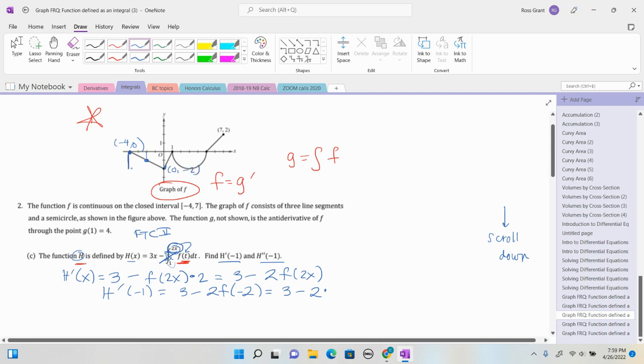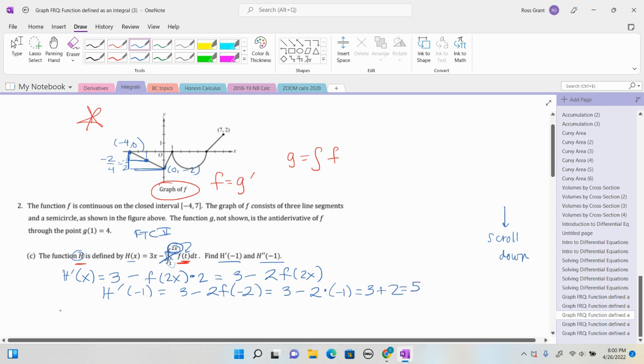That's a rise of -2 and a run of 4, -2 fourths, a slope of -1/2, right? Down 1 over 2. So if I start with the height of 0, down 1 over, I am definitely at -1 there. So the function value is -1. So I have 3 minus 2 times -1 will be 3 plus 2, which is 5.